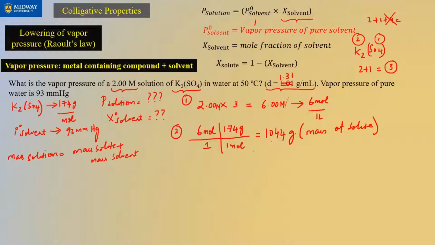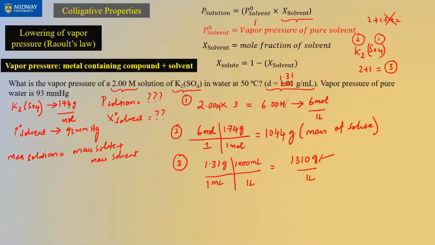Now we have to find something else, which is the most confusing step of all. Take this density, 1.31 grams per mL, and convert this to grams per liter. There are 1,000 mL in a liter, which would leave us with 1310 grams per liter.